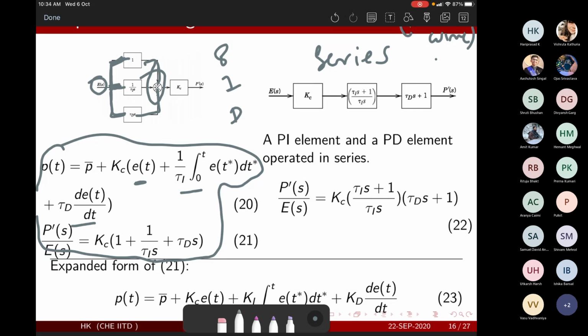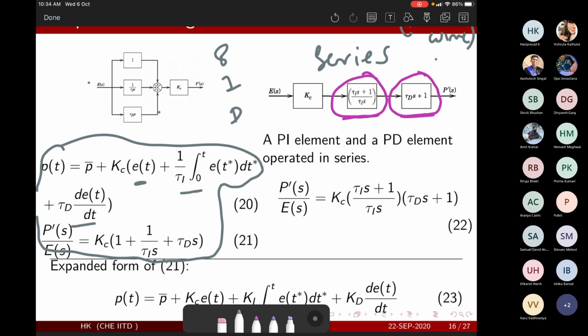Then somebody proposed that you can get away from this parallel form, and you can write an equivalent form as a series form of the PID controller. What they say is, you have PI and PD terms, and you can connect them in series.